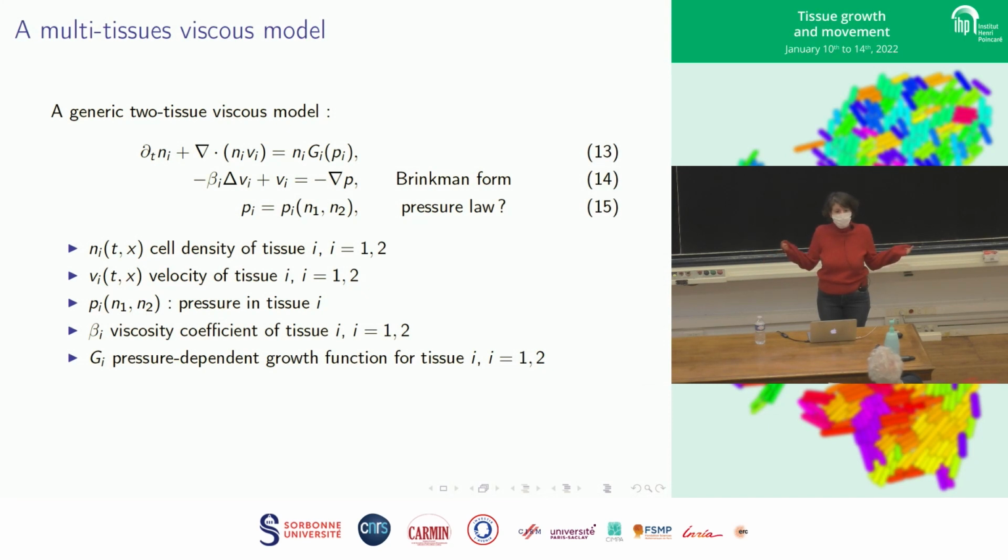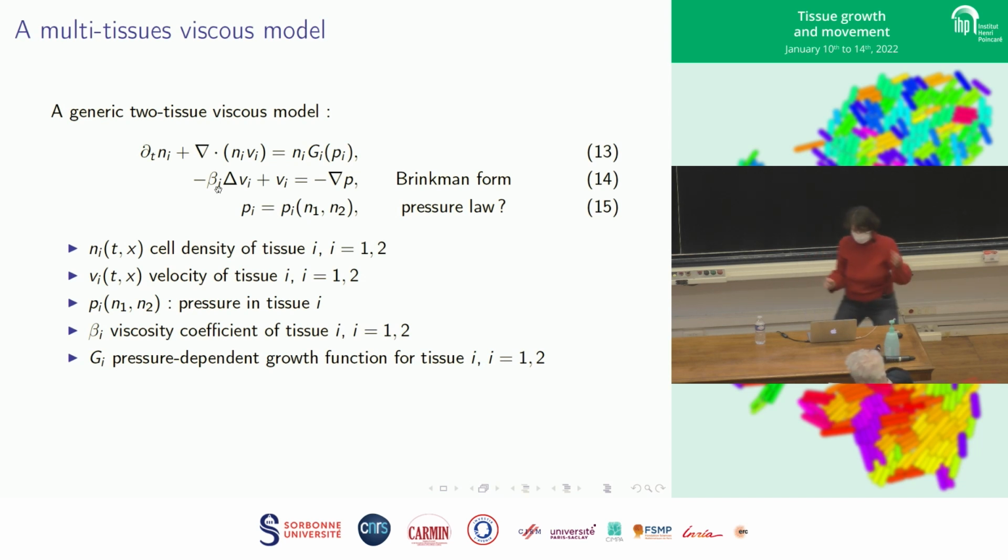So now Ni will be the density of cells for tissue i, Vi will be the velocity of tissue i, and Pi will be the pressure felt by tissue i. So you have again migration with velocity Vi and some growth, and again a Brinkman form of Darcy's law to have the viscosity. The viscosity can be tissue dependent, beta i.